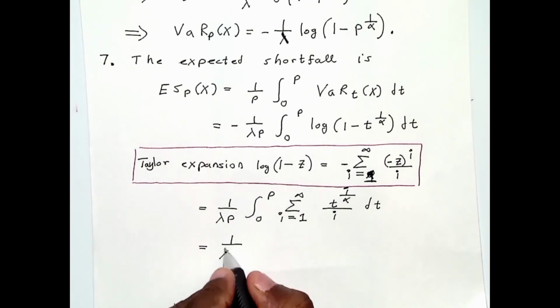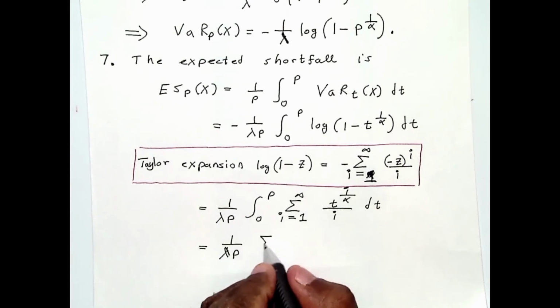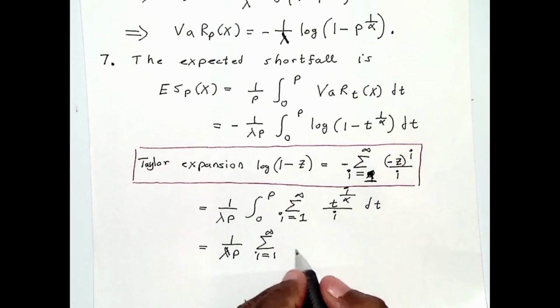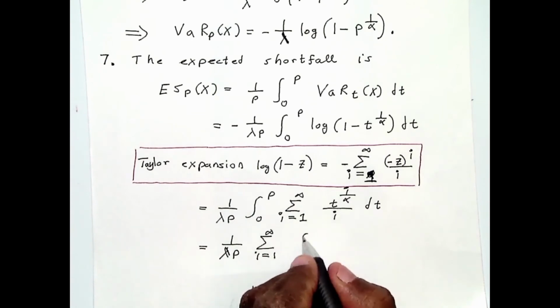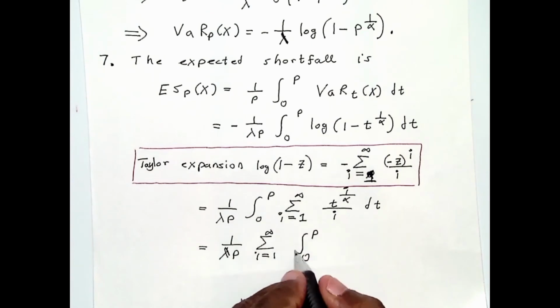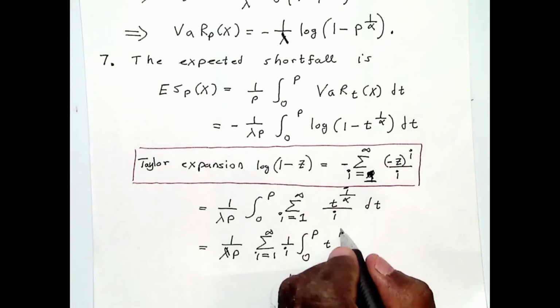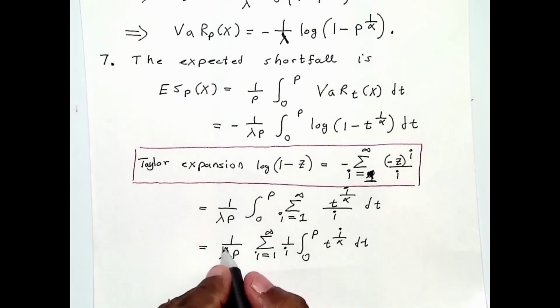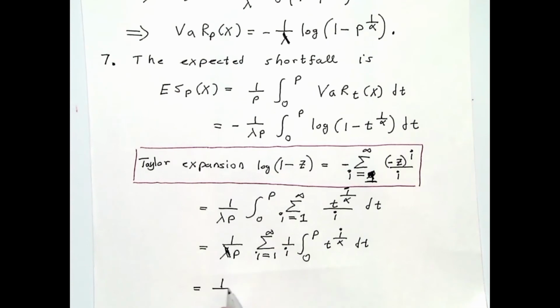Now taking the integral inside the sum, in other words swapping them around, you will get 1 over lambda p, the sum over i from 1 to infinity, times the integral from 0 to p of t to the i over alpha dt. Now this integral is straightforward to work out.